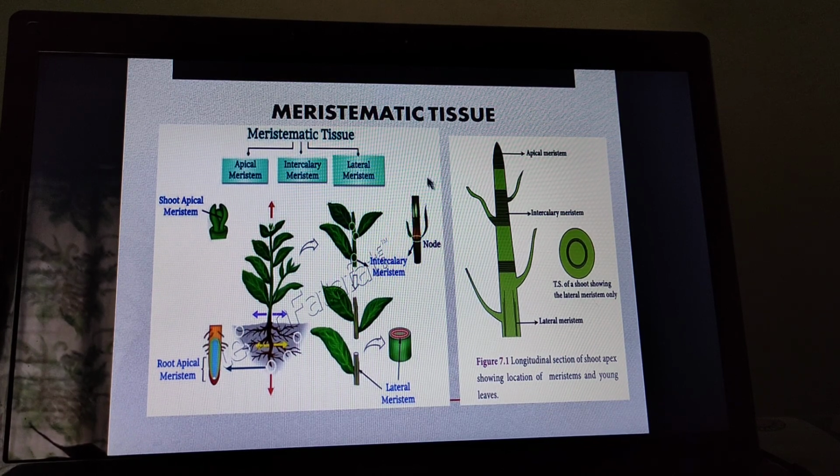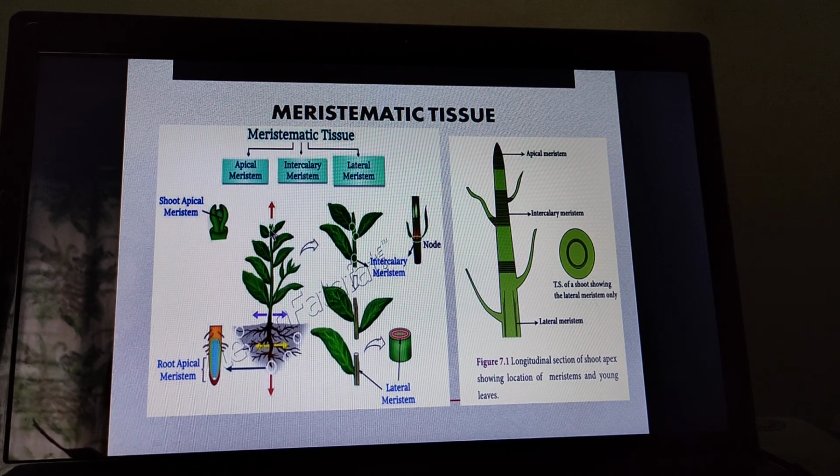So come to the summary. Apical meristem present at the apex of the root and apex of the shoot. They help in increasing the length of the plant and leaf also. Intercalary meristem present in between the permanent tissue, means at the base of node, internode, leaf.